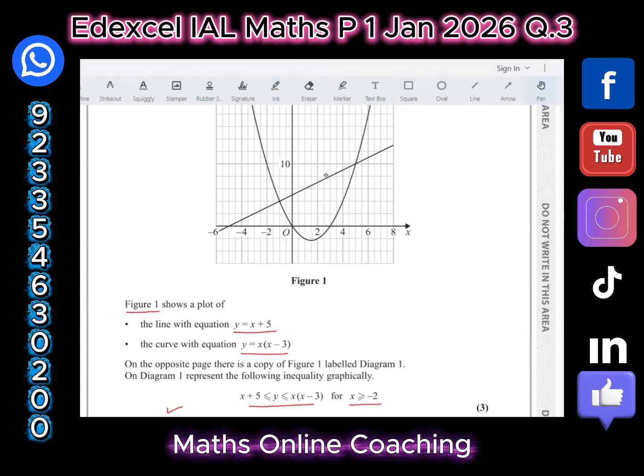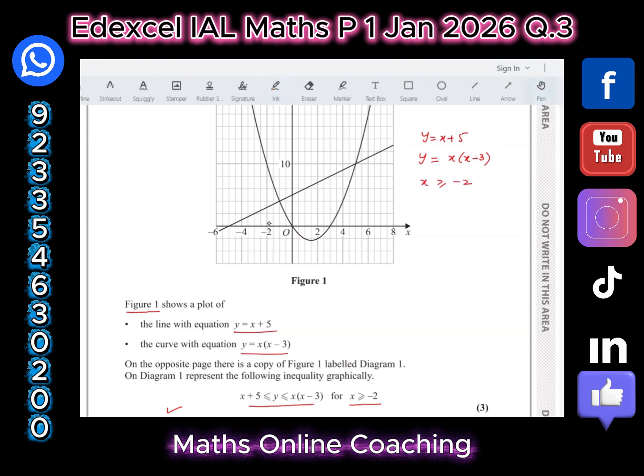Here is a graph of a straight line y equal to x plus 5 and a curve y equal to x into x minus 3. The condition given on x is x greater than or equal to minus 2.